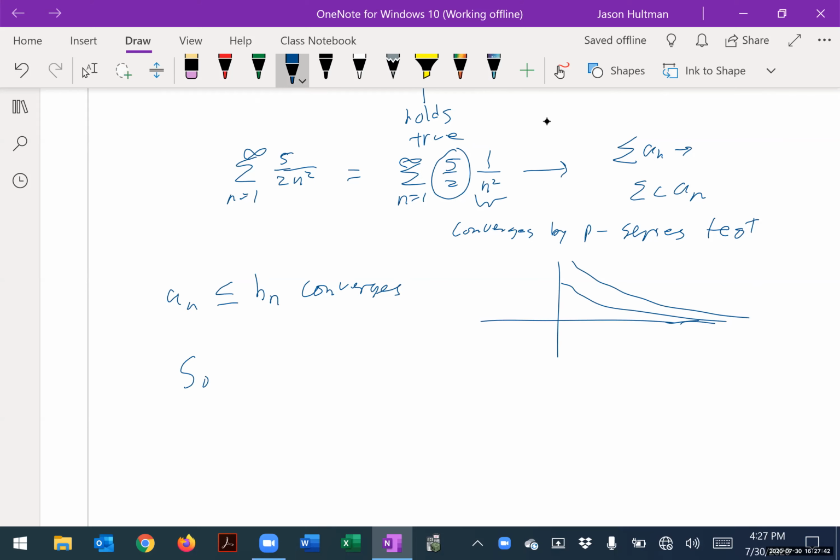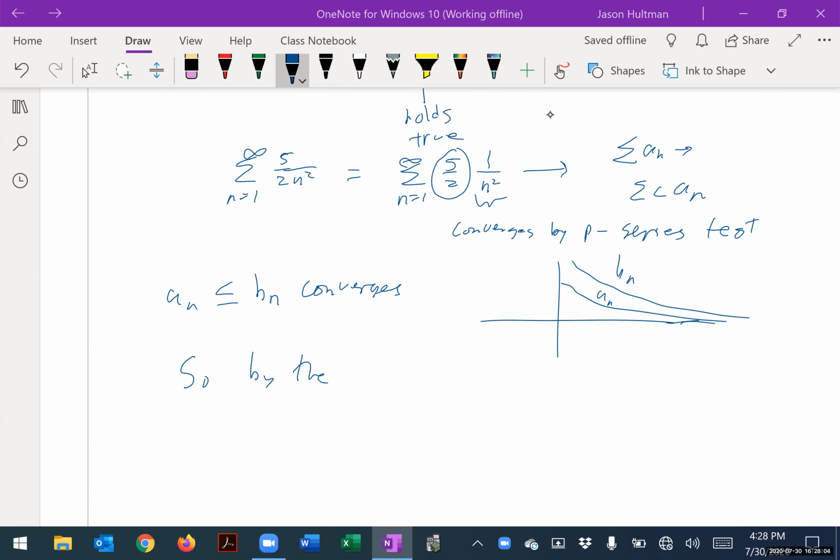Isn't a sub n sandwiched in between our limit, 0 in this case, and b sub n? Yeah, it's sandwiched.